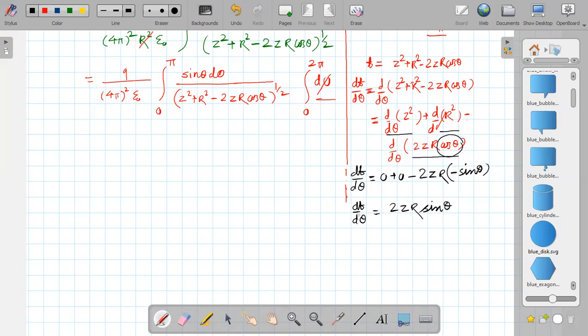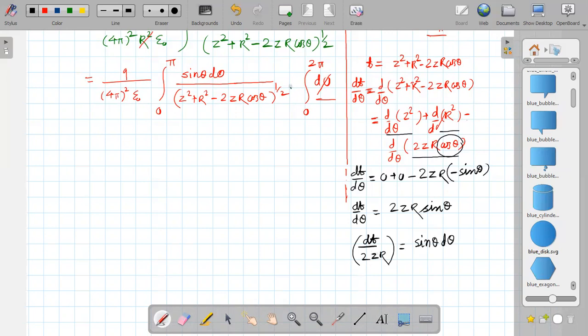Rearranging this term, we can write dt upon 2zr is equal to sine theta d theta.